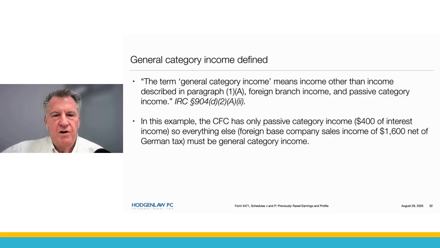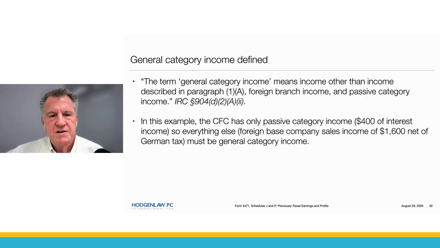You take all of the income, you subtract three other categories of income: income described in paragraph 1A, which is section 951(a) income; foreign branch income, which is not applicable to a CFC because foreign branch income only applies to US shareholders with foreign branches; and passive category income.